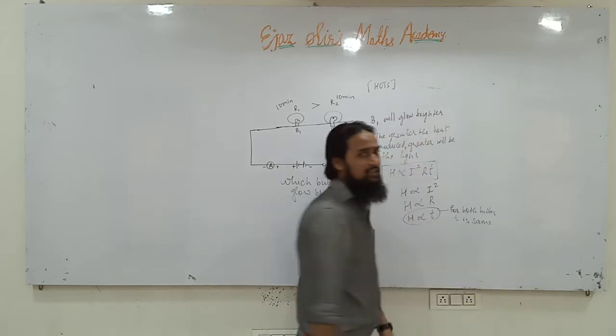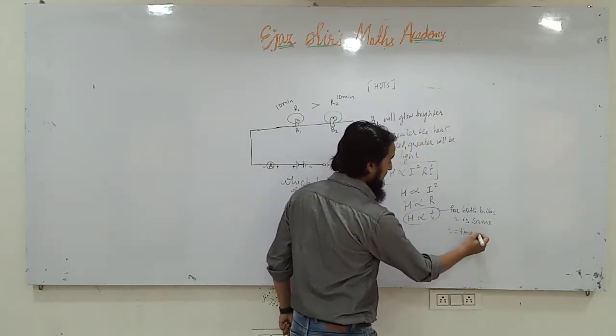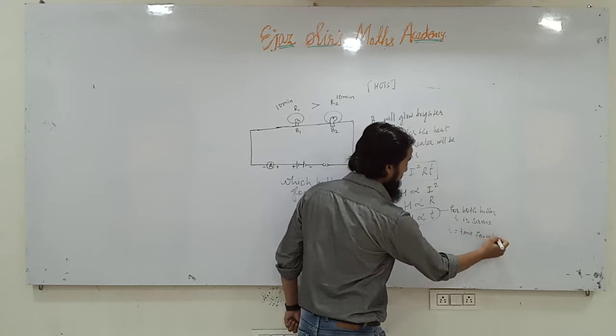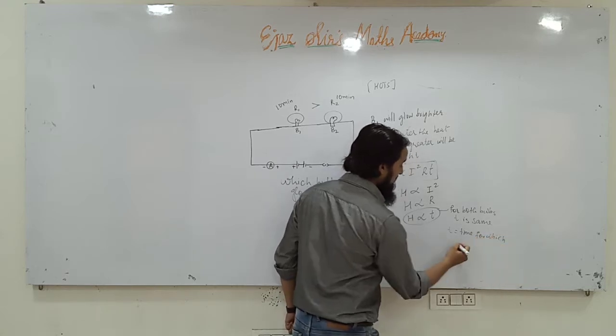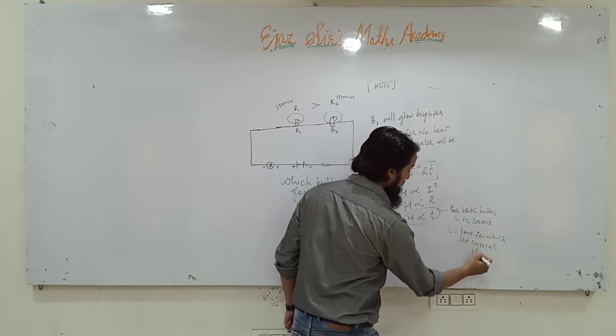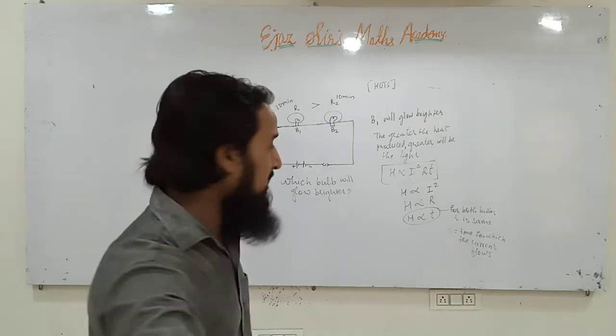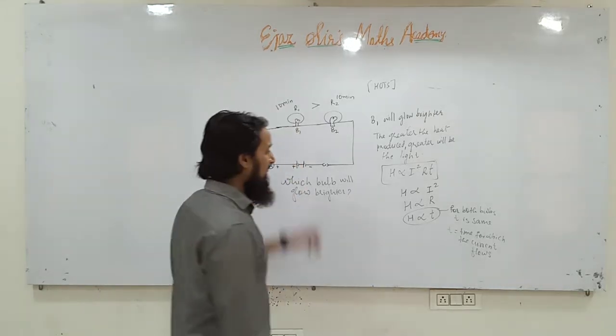What is T? T is the time for which the current flows. So in both the bulbs the current is flowing for the same time.